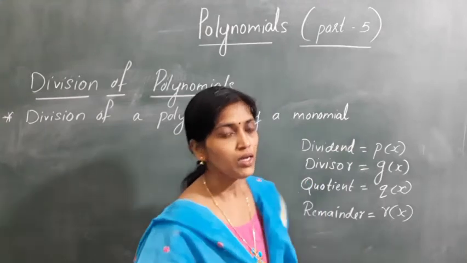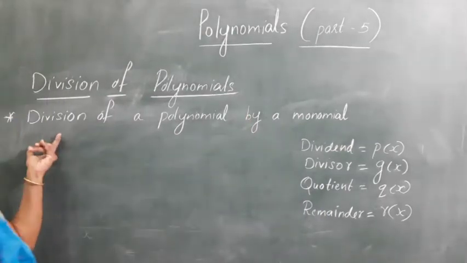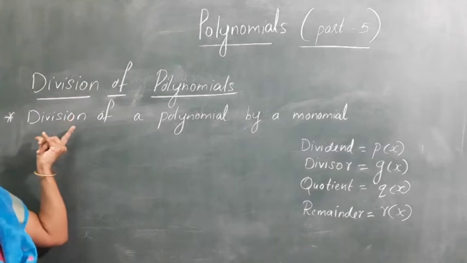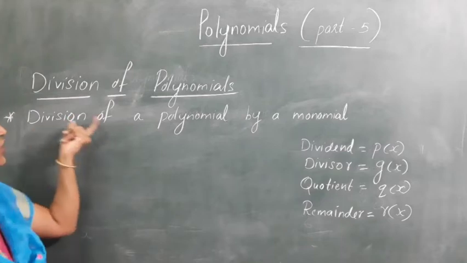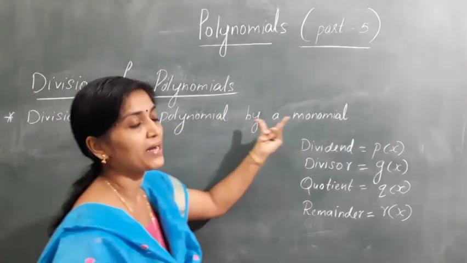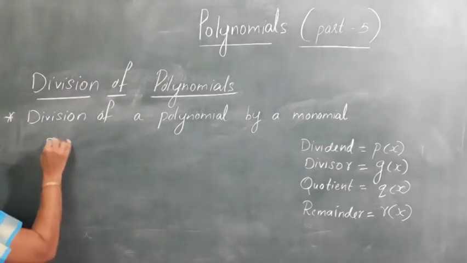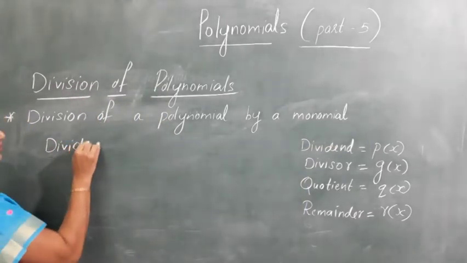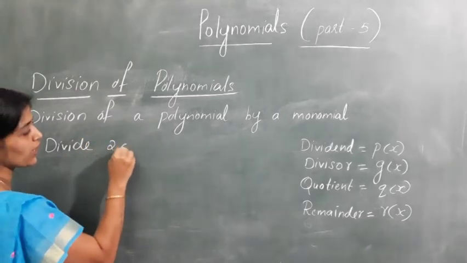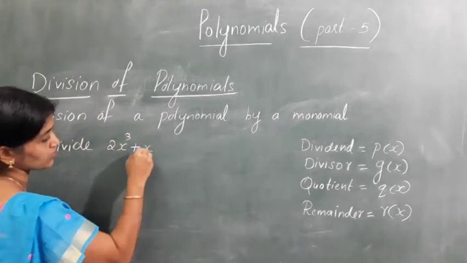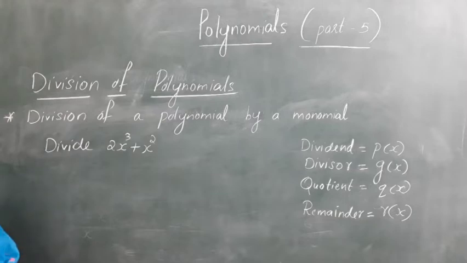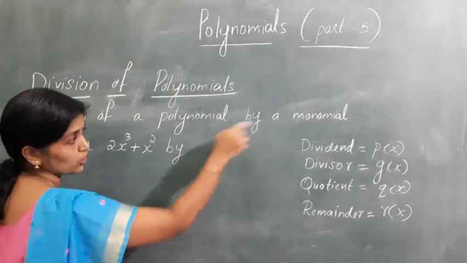Okay. Now the first thing we have to study is division of a polynomial by a monomial. So we will take a question. Divide 2x cubed plus x squared by x. This is a polynomial by a monomial, isn't it?